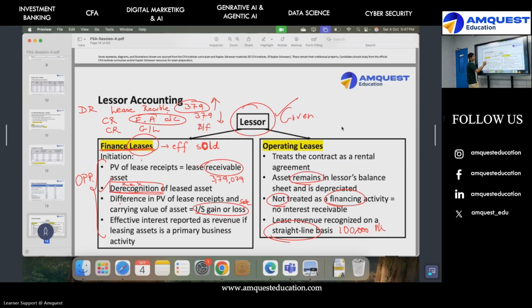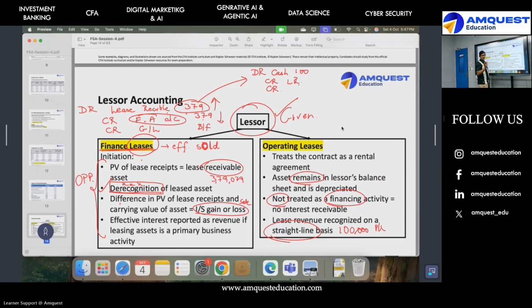Are we clear? This asset, you will wonder what he'll do with it. Simple. Every year he will receive cash. Correct? And what will he credit? He'll credit the lease receivable and what else? Because he's getting 100 every year. He's crediting lease receivable, but how did he get 379?